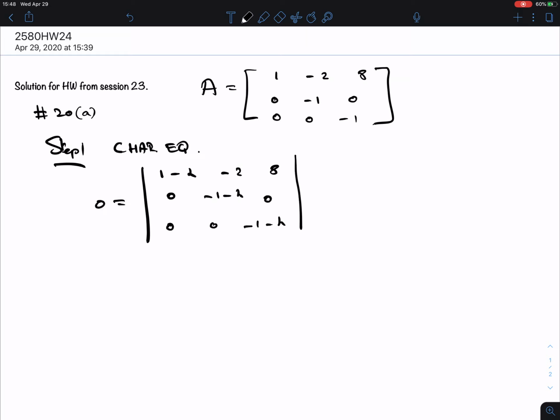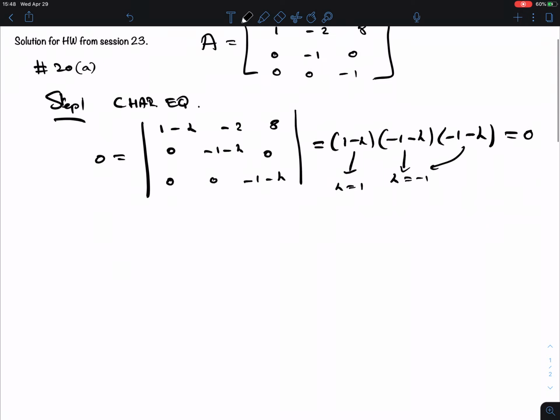It's a triangular matrix, so we can actually write the product of the diagonal elements. Put this equal to 0: this gives lambda equals 1, this gives lambda equals negative 1, and this also gives the same. So we again have a potential problem, namely the eigenspace of negative 1 should have dimension 2. Let's figure that out first.